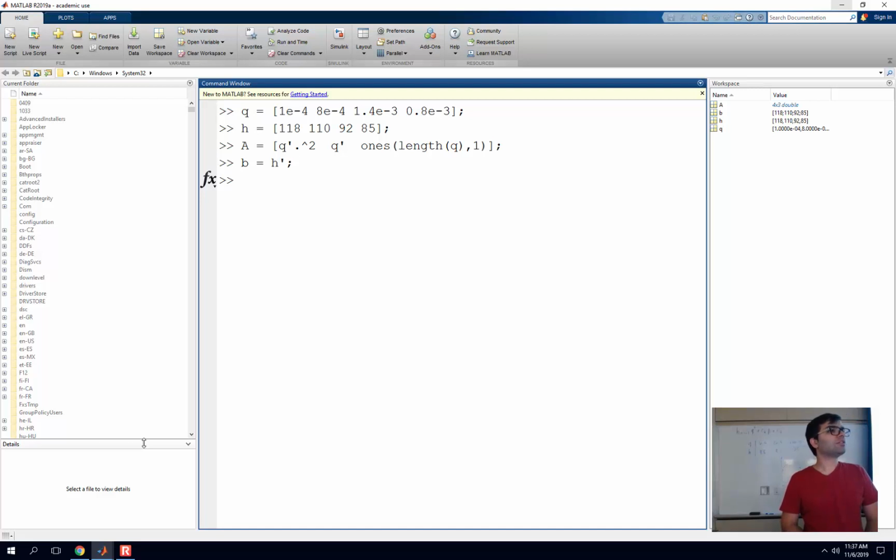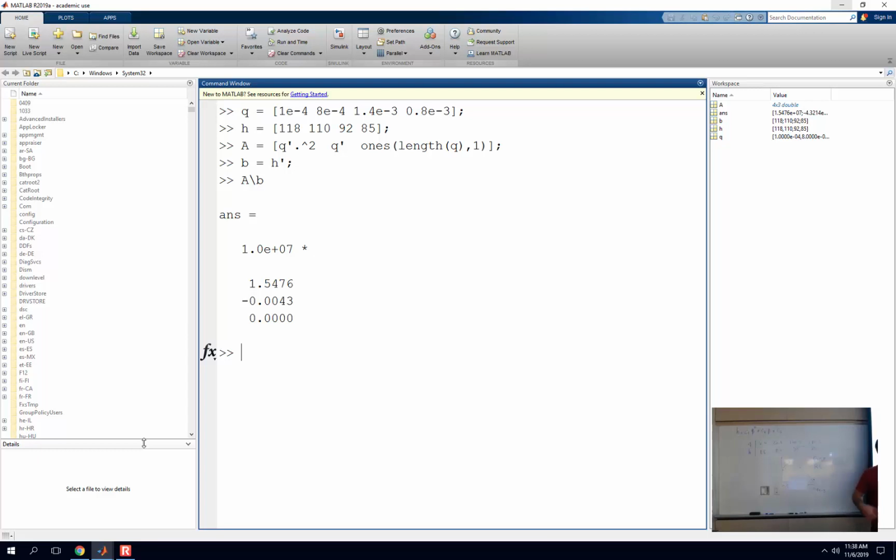Is that okay so far? My A backslash B gives these weird values, 10 to the power of 7 times each of them.